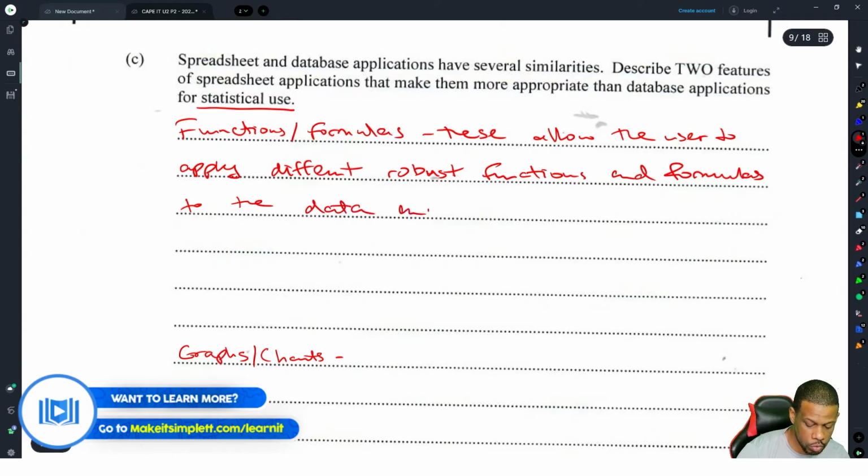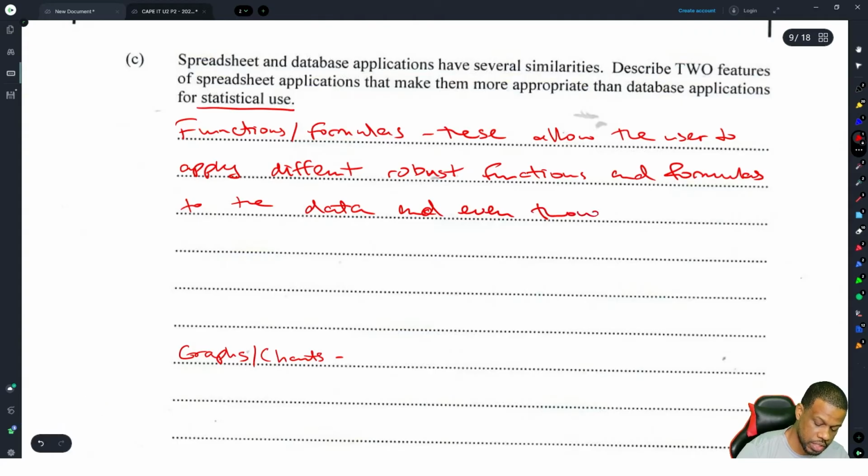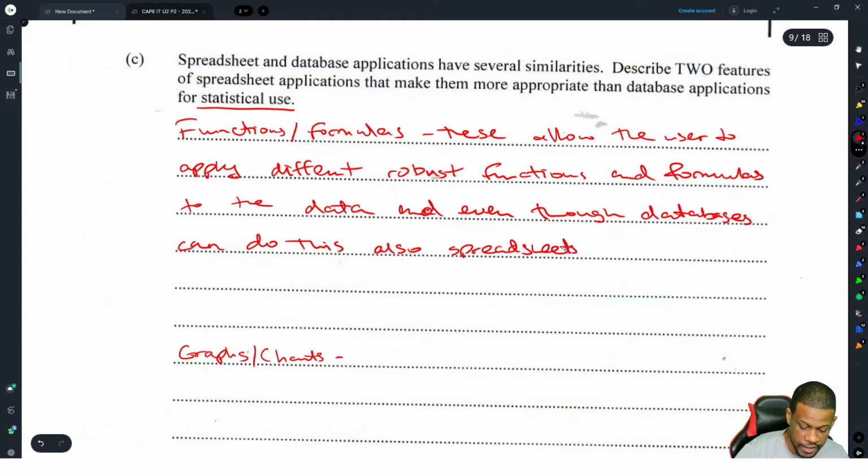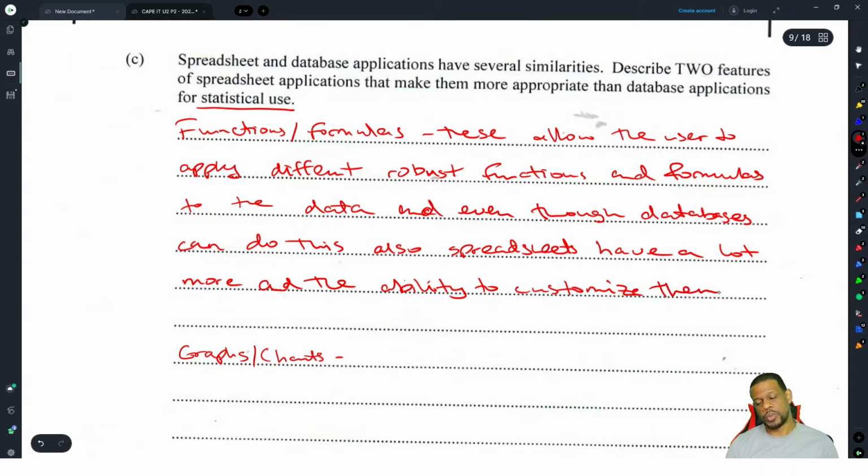Even though databases can do this, spreadsheets have a lot more, and the ability to customize. If they don't get 2 marks for that, then somebody don't like you.